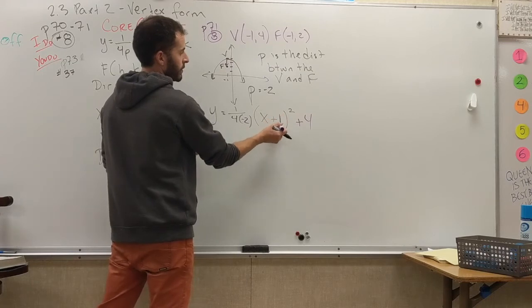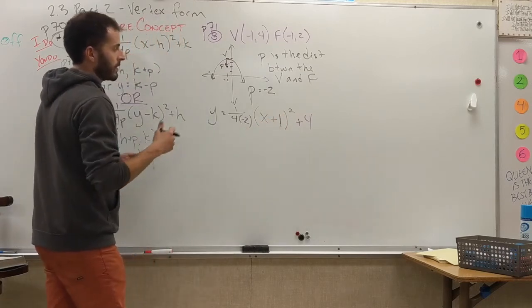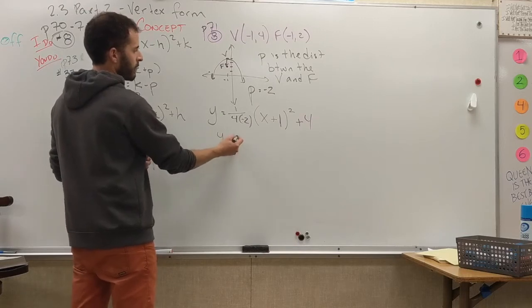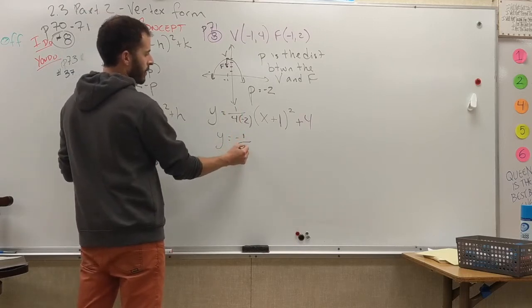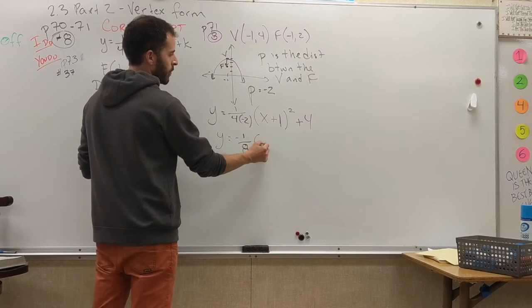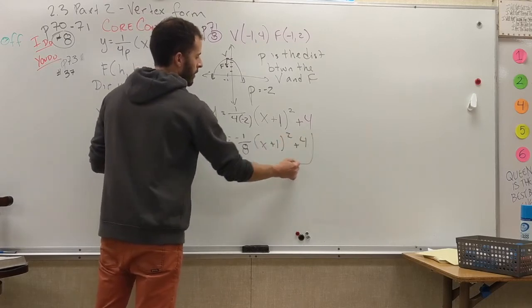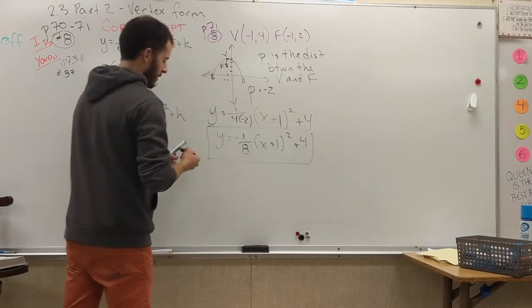Do some math and make it pretty in vertex form: y equals -1/8 times the quantity x plus 1 squared plus 4 is our answer.